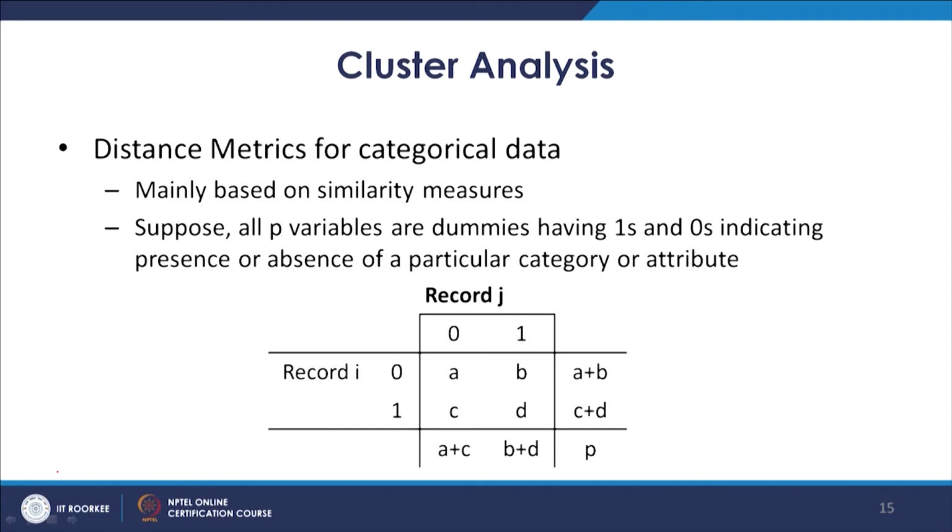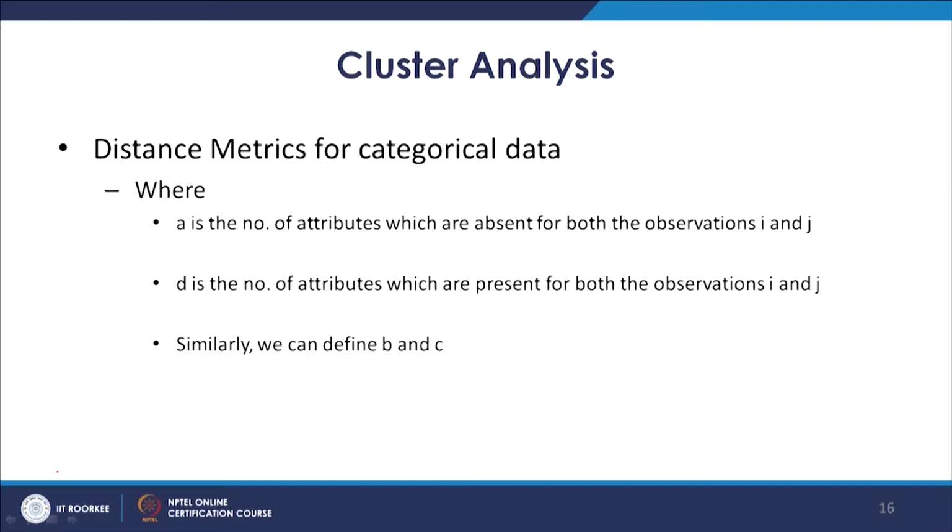Since 0 denotes the absence for record i and record j, a number of attributes are absent for both these records. The same thing is mentioned here in this slide: a is the number of attributes which are absent for both the observations i and j.